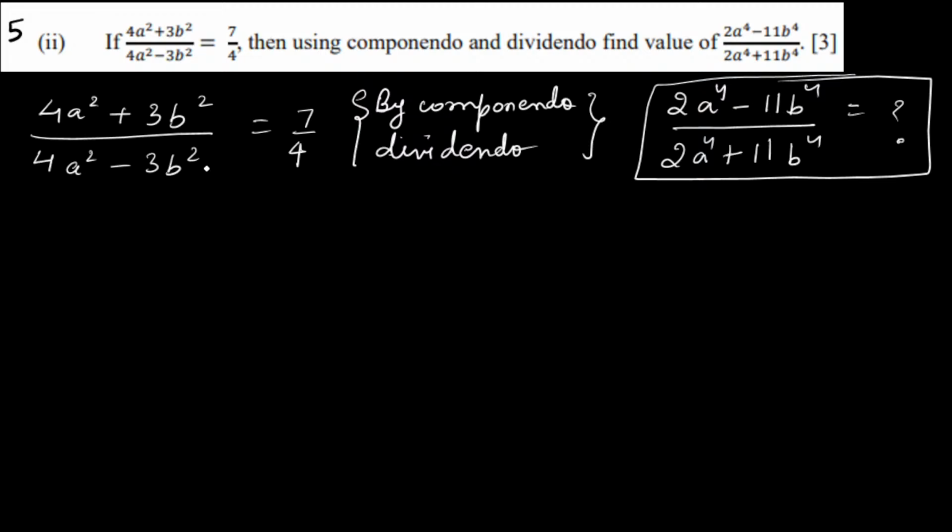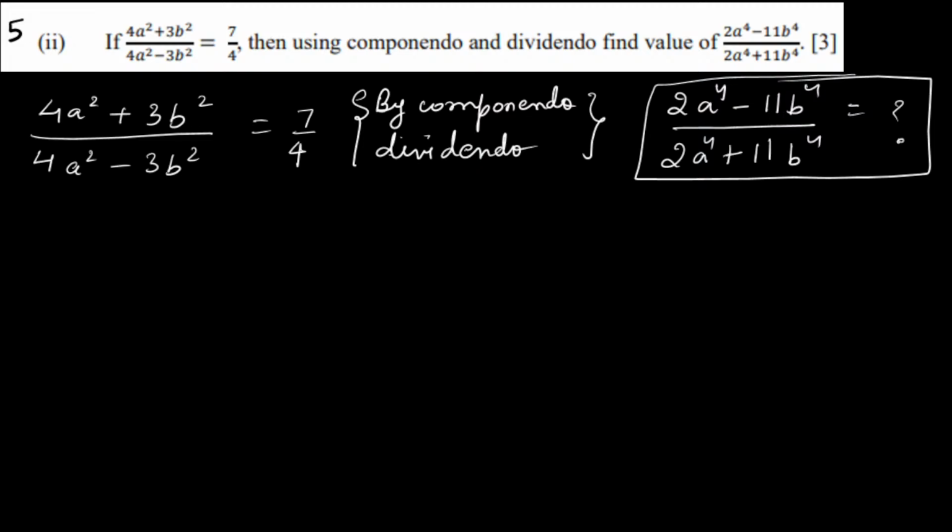If it is not mentioned also, just remember if the same terms are with plus and minus, then you always have to use this property of proportion. Here also 4a square and 3b square are getting added as well as subtracted. So when the same terms are getting added or subtracted, that time always use componendo and dividendo.